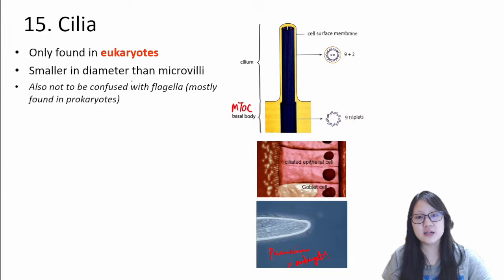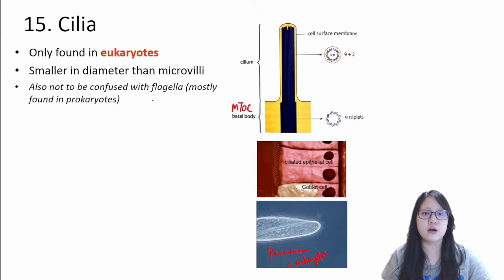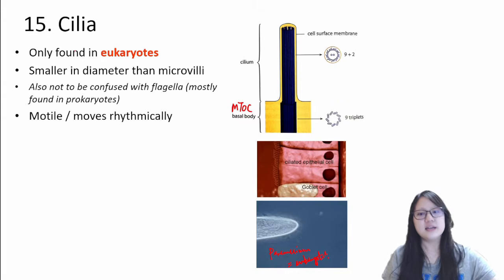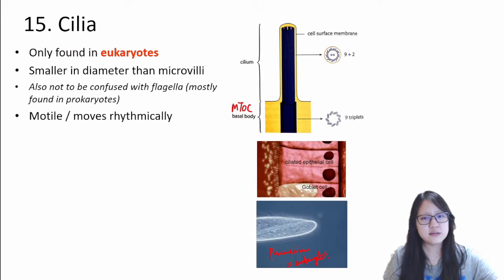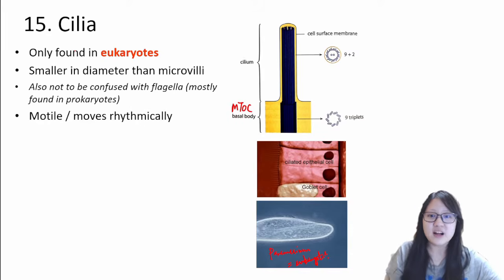Now, cilia is not to be confused with microvilli. It is smaller in diameter, and also not to be confused with flagella, which is mostly found in prokaryotes. Flagella, we always think of it as found on bacteria or archaea. So it's not flagella, it's not microvilli, it's cilia. Cilia makes the cell motile.